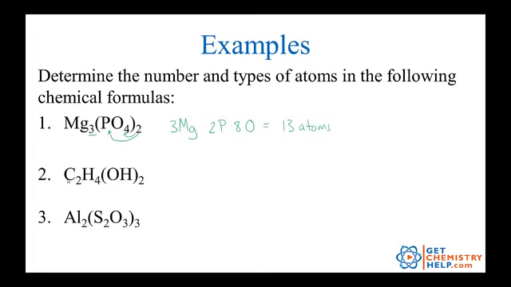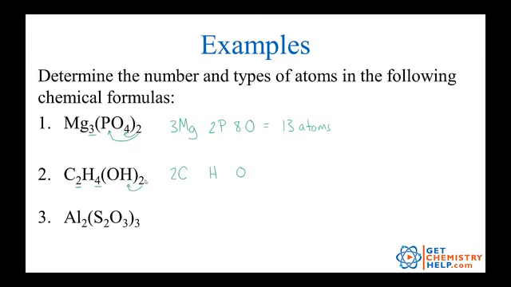Okay, how about the next one? C2H4 OH taken twice. So we have carbon, hydrogen, and oxygen present. How many carbons? Well, 2. How many hydrogens? This one's a little sneaky because there's 4 hydrogens here, but there are more hydrogens in the parentheses. There's 1 in the parentheses, but there are 2 of these groups.